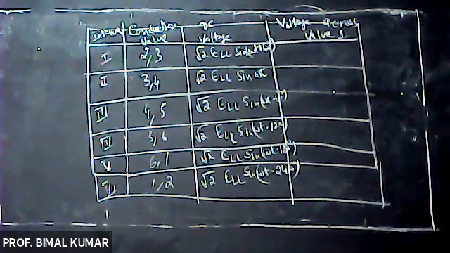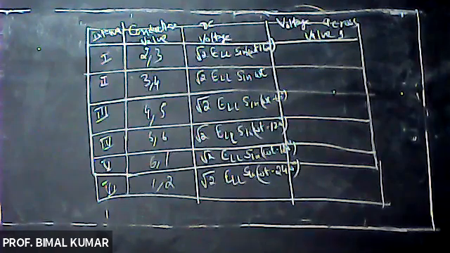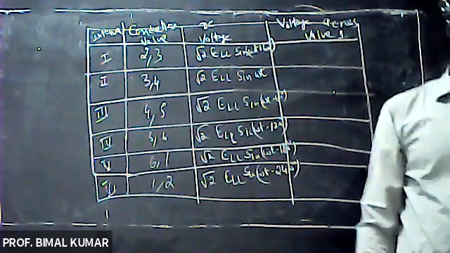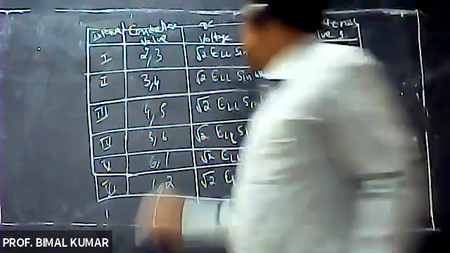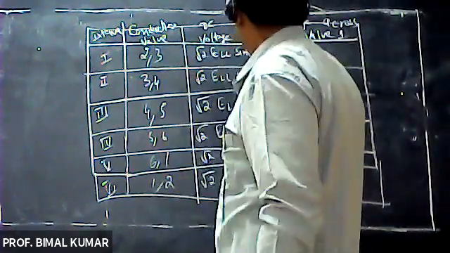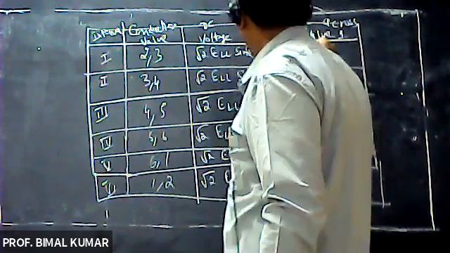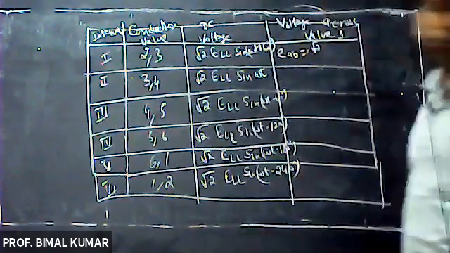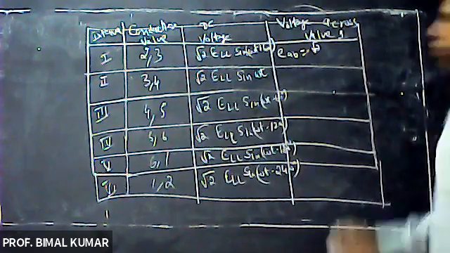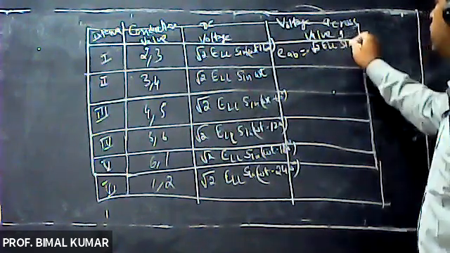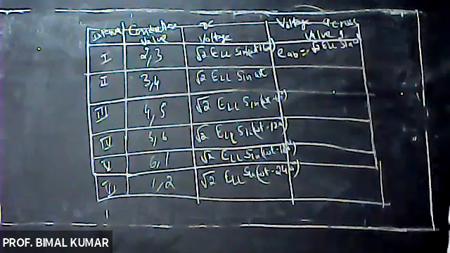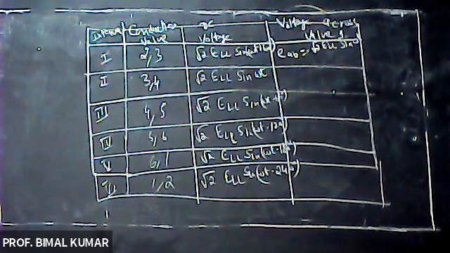We had already seen that when diodes 2 and 3 are conducting, the voltage across the valve is EAB. EAB is equal to minus root 2 ELL sine omega t, right?